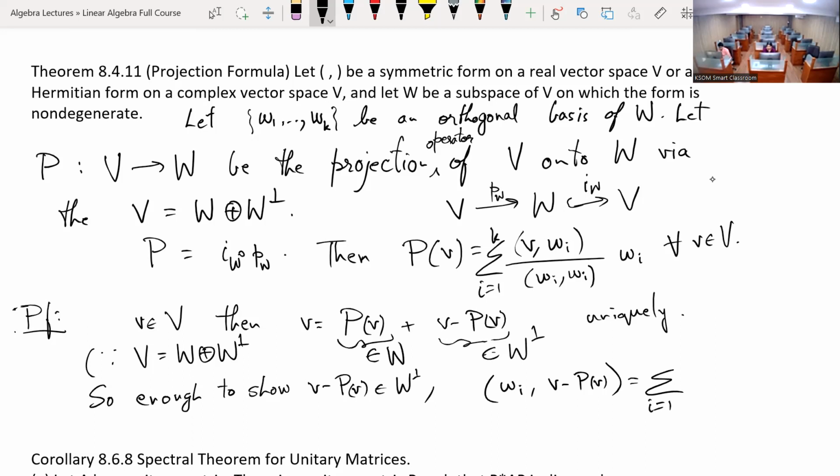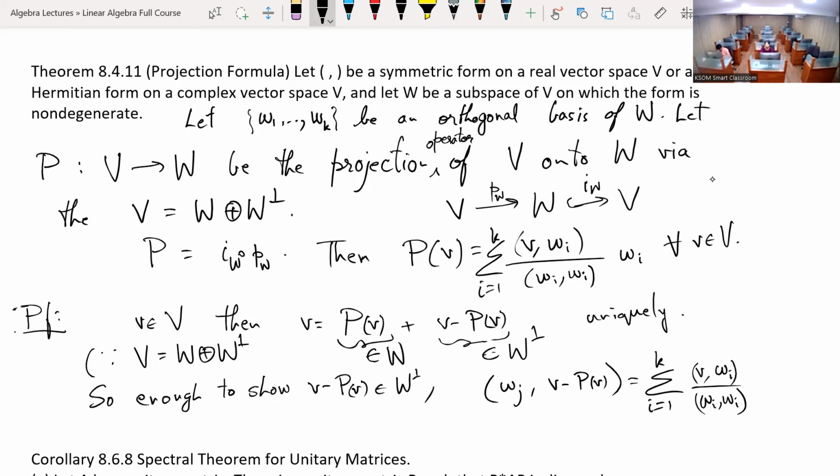So sum over i equals 1 to k, V comma, let's call it Wj, because we are trying to compute this for every j between 1 and k. So V comma Wi over Wi comma Wi.